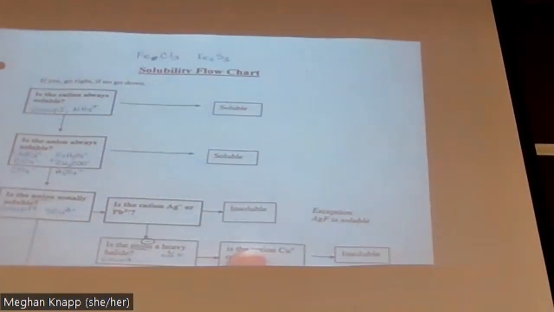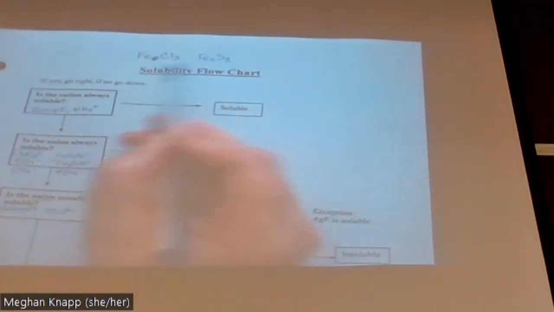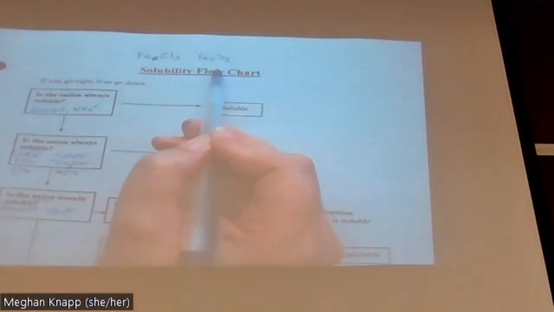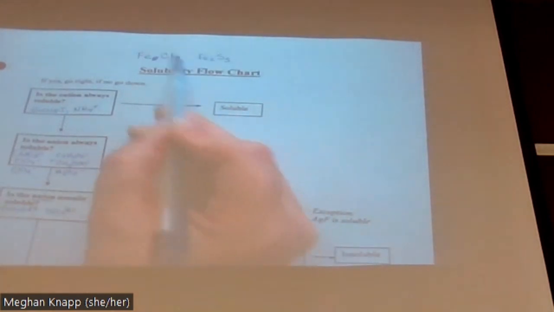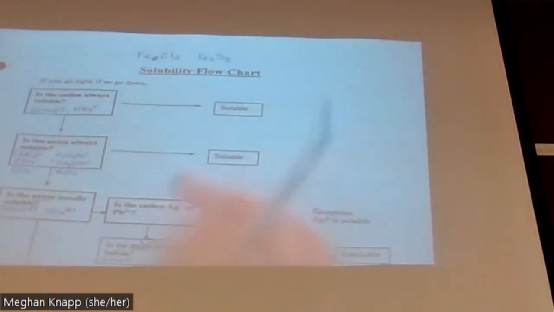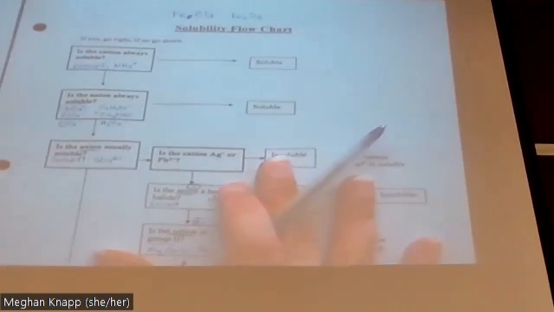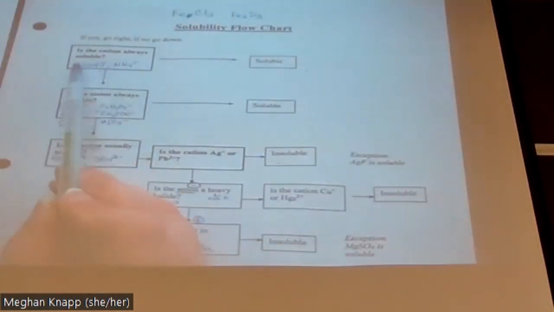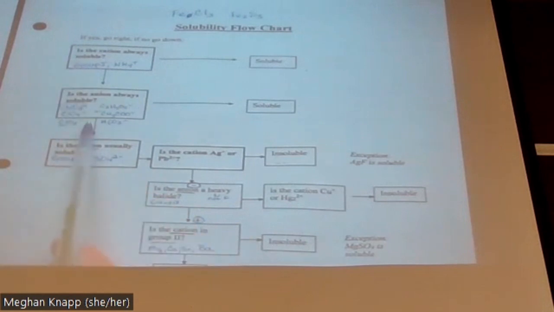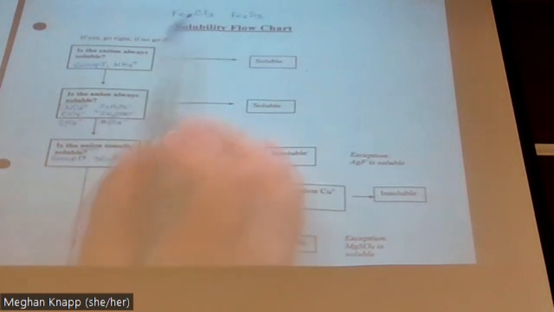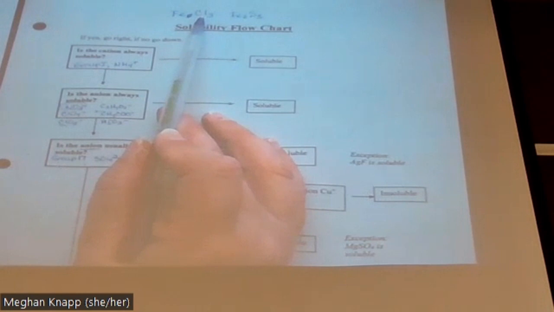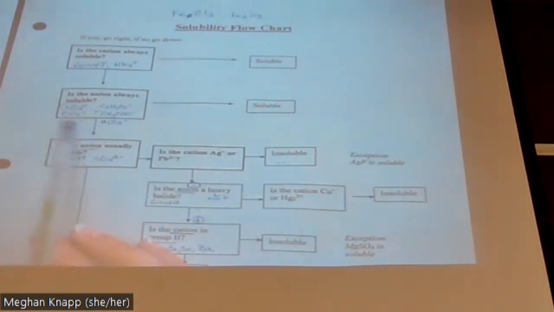Okay, so now we have a transition metal. We don't have rules for most of the transition metals, okay? So we're going to have to pay attention to the anion. Is the cation always soluble? Is iron always soluble? No. Is the anion always soluble? In the case of chloride, is it always soluble? Chloride is not always soluble. Chlorate is always soluble. Chloride is not.